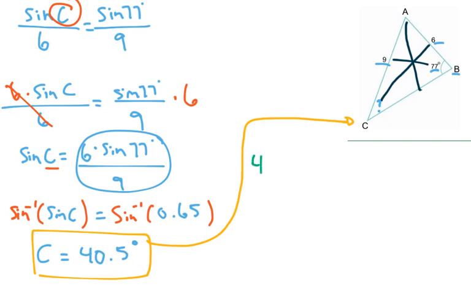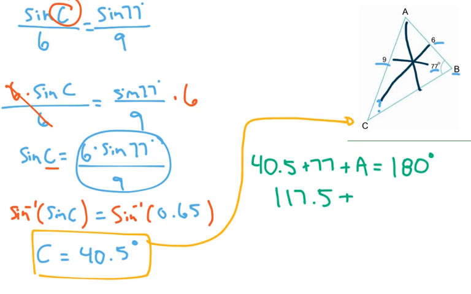So 40.5 plus 77 plus angle A should equal 180 degrees. 40.5 plus 77 is going to give me 117.5, plus A equals 180 degrees.